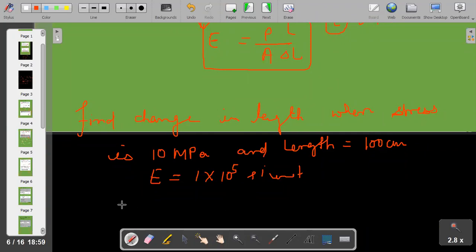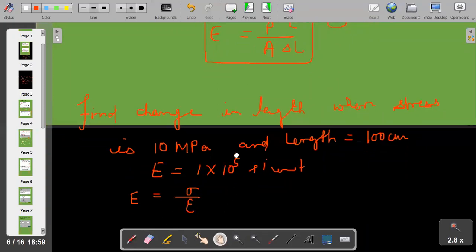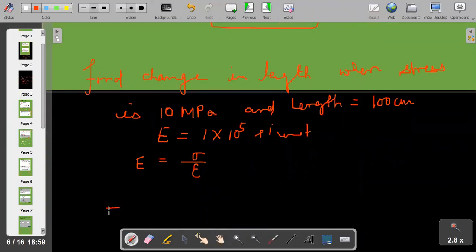So anybody? Just put the values in the formula. Delta L equals sigma by E, stress by strain. What is E? 10 to the power 5.